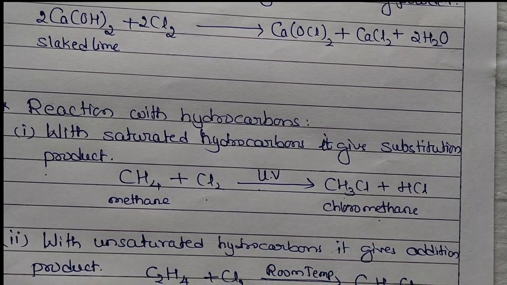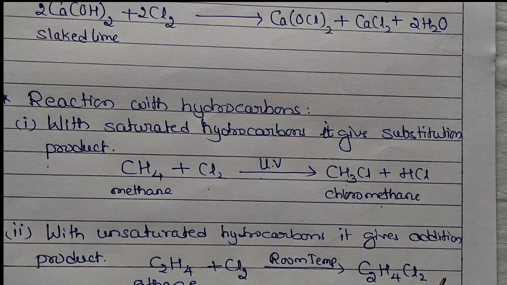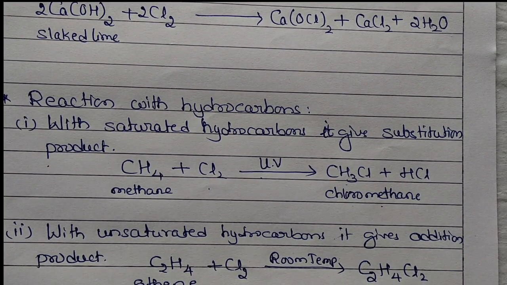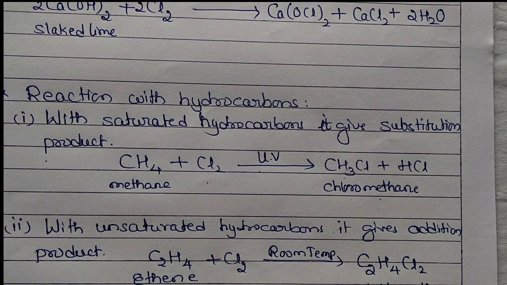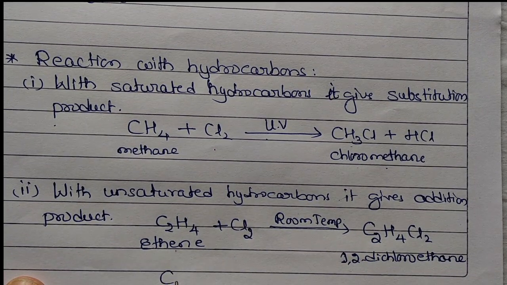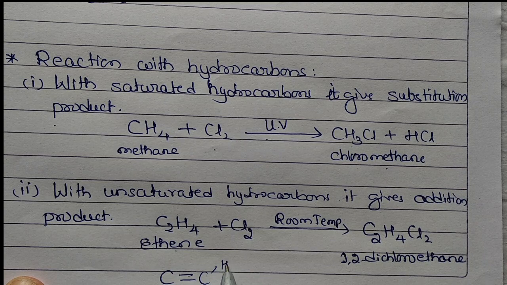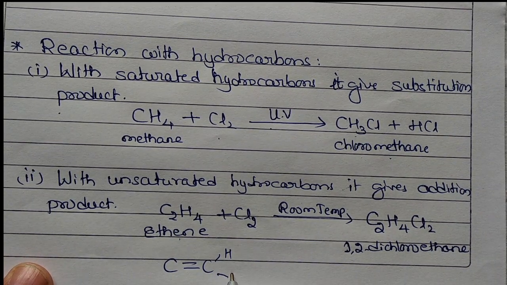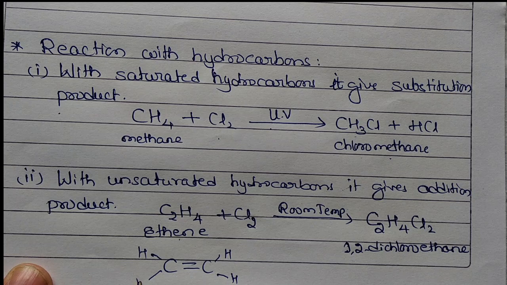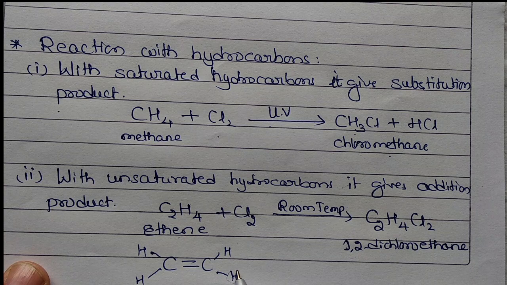Whereas in case of unsaturated hydrocarbon, it gives an addition product. Addition product means the double bond is opened, and one of the double bonds is replaced with these two chlorines. Take ethene, a C double bond C with hydrogens. When it reacts with chlorine at room temperature, the double bond is removed, and a chlorine will come here and another chlorine will come here.